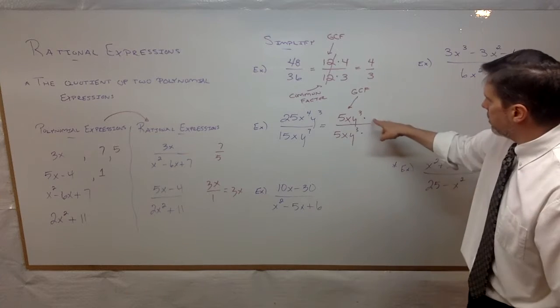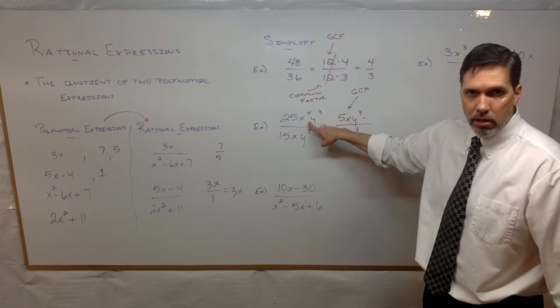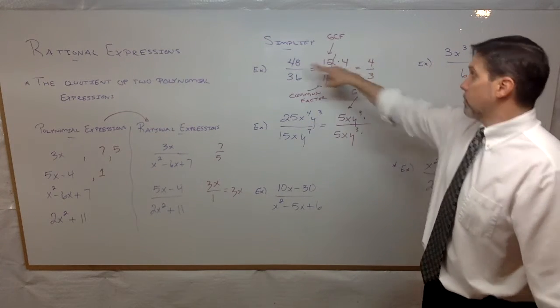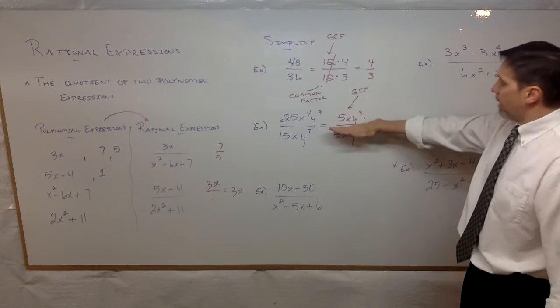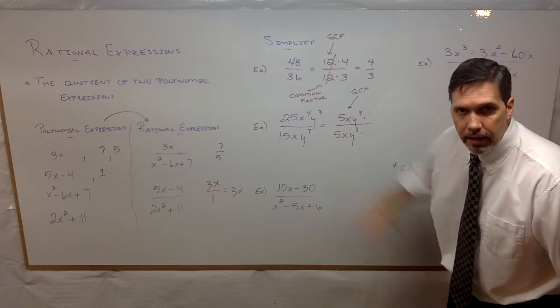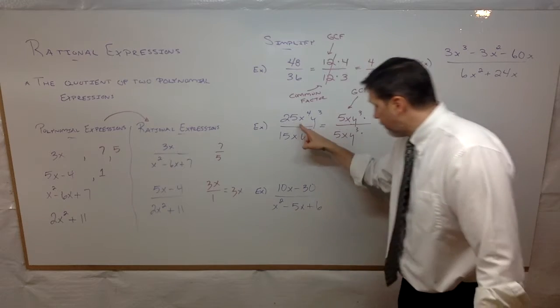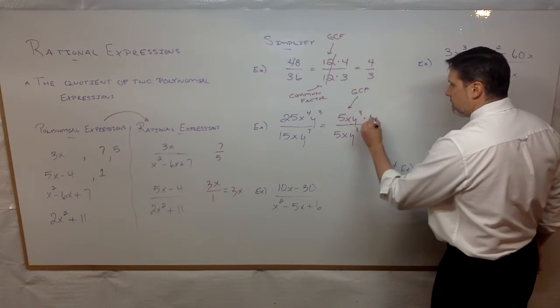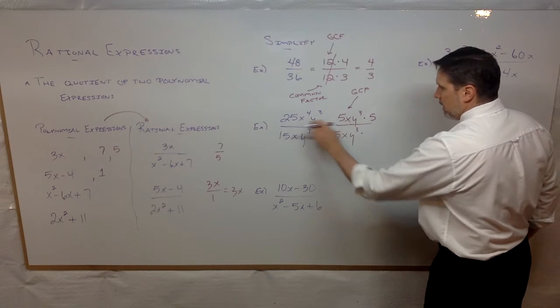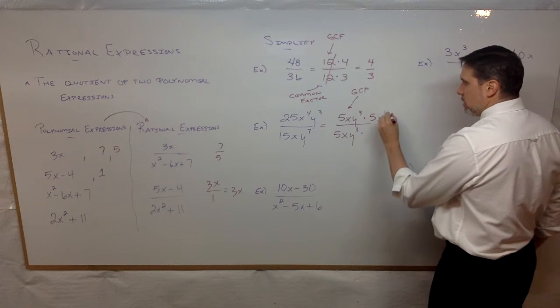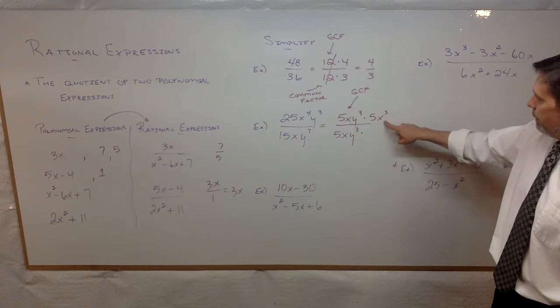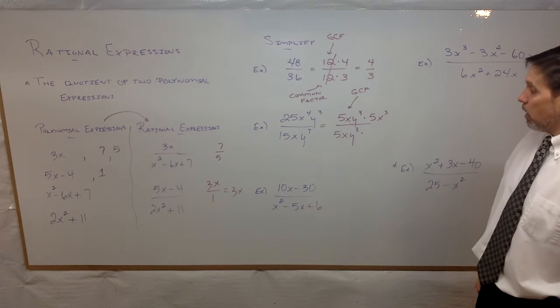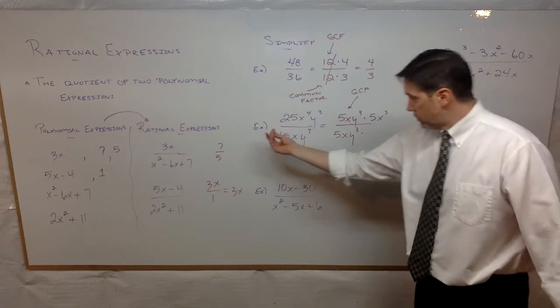What do we have to multiply our GCF by to get the original? So up here we said, well, it's 12 times 4. That's 48. Well, 5xy cubed times what gives us 25x to the 4th y cubed? The answer is, well, 5 times 5 is 25, and we're going to need an x to the 3rd. Right, so 5x to the 3rd times 5xy cubed, that will be 25x to the 4th y to the 3rd.